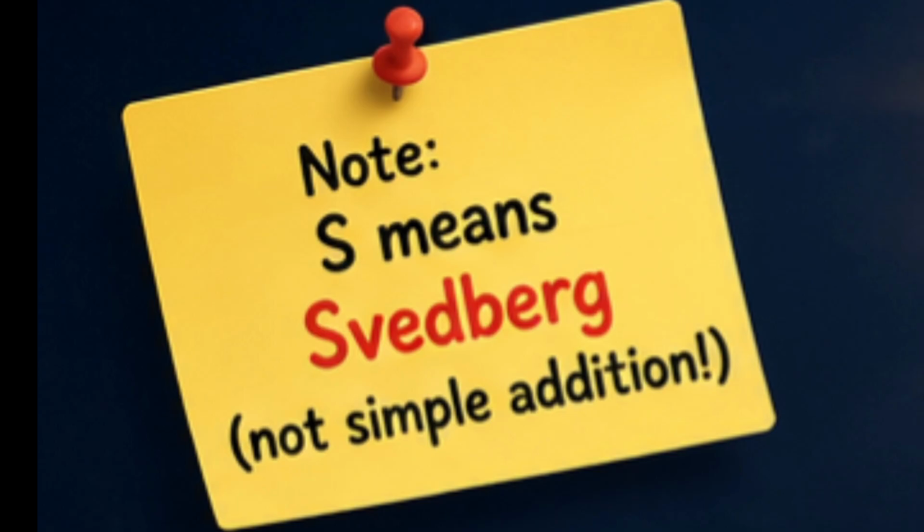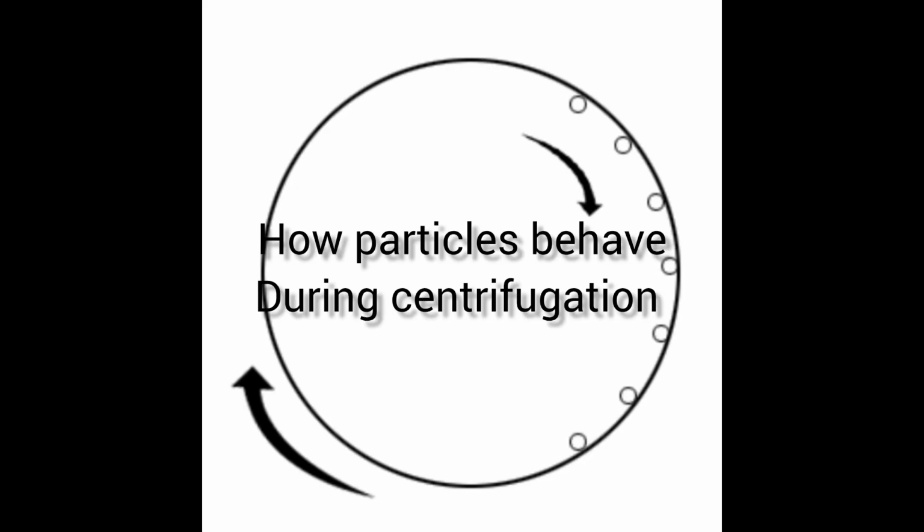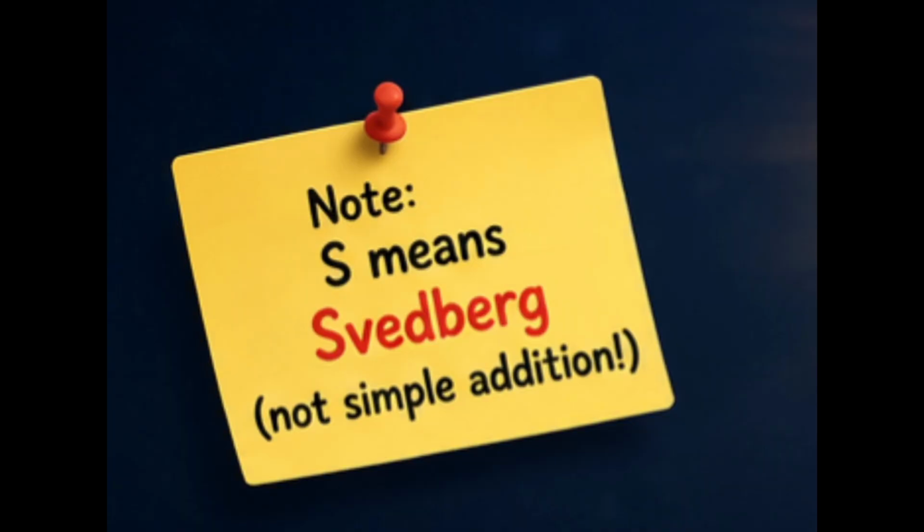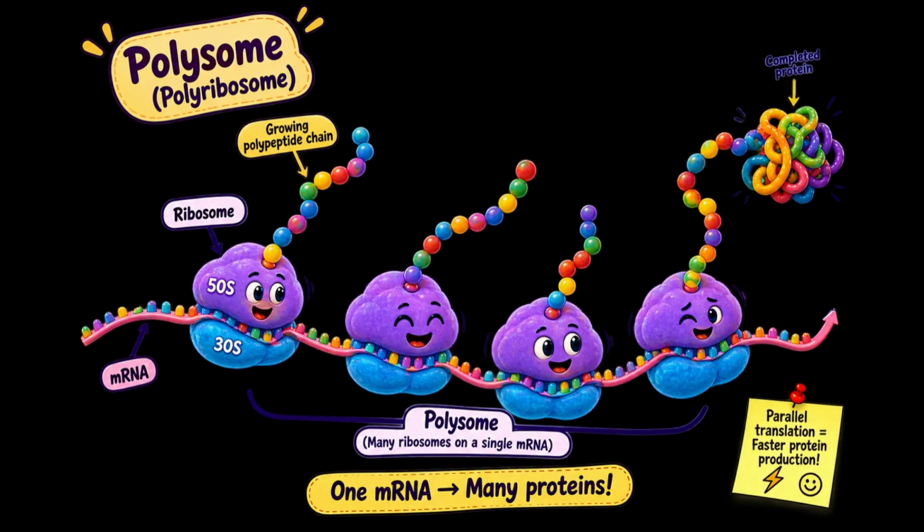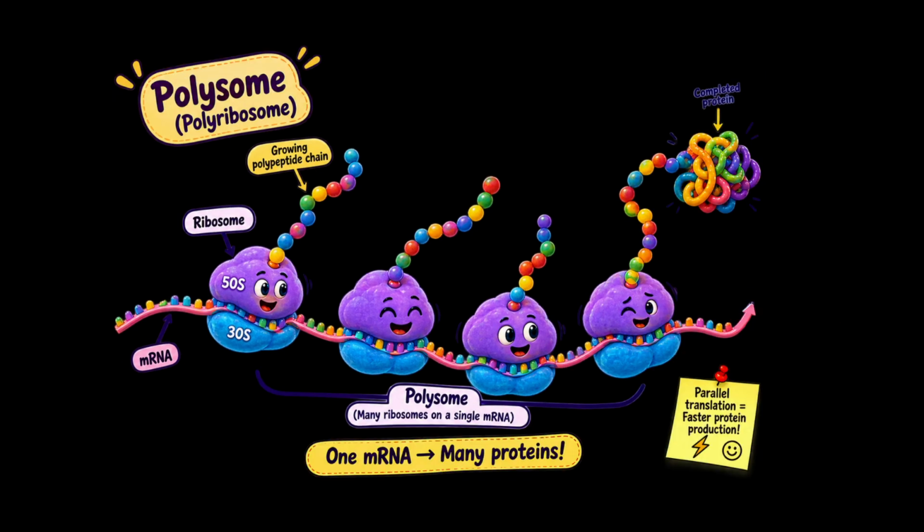That's because S stands for Svedberg unit, a measure based on how particles behave during centrifugation, not simple size that can be added. And when several ribosomes attach the same mRNA, they form a chain, a polysome or polyribosome, allowing that single mRNA to be translated into proteins.